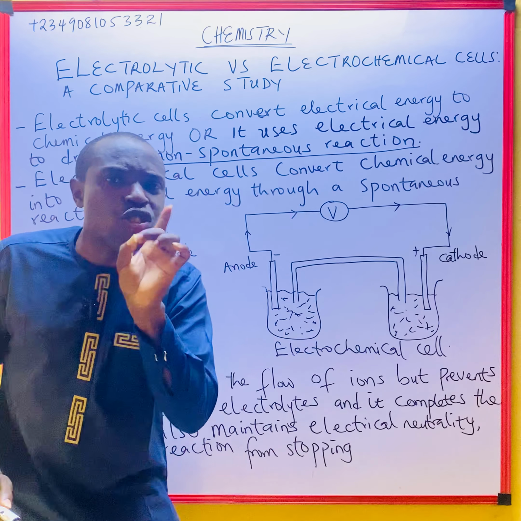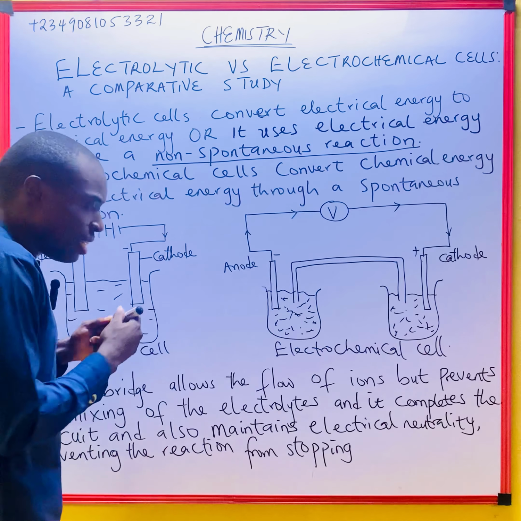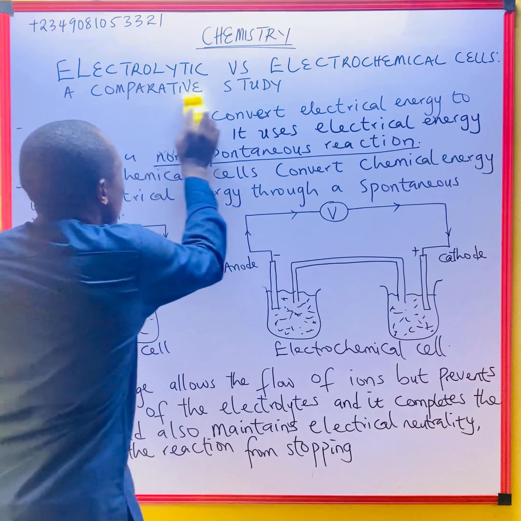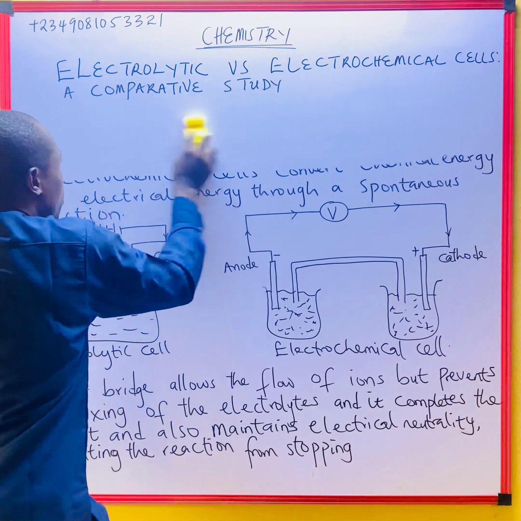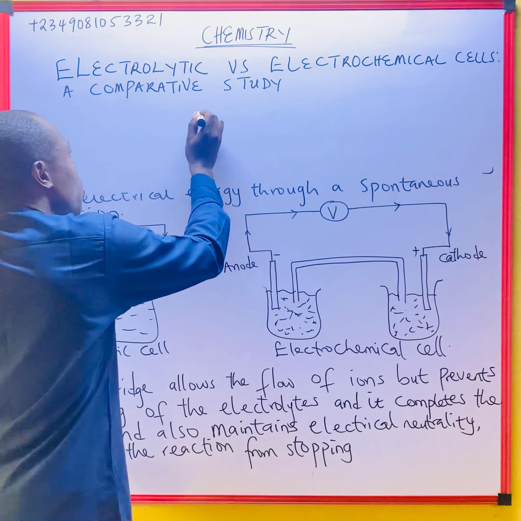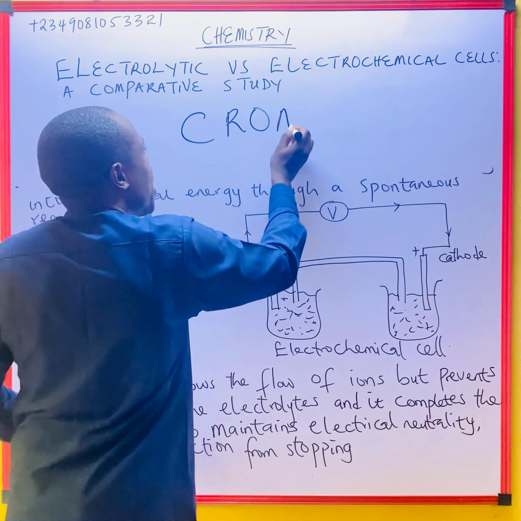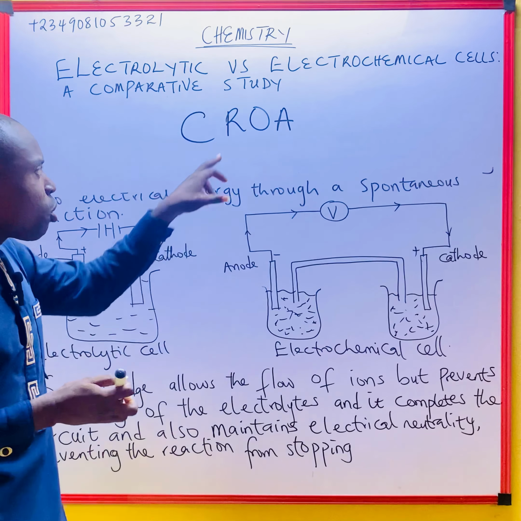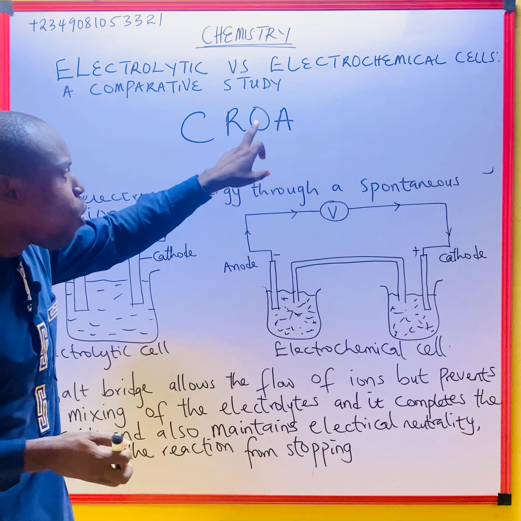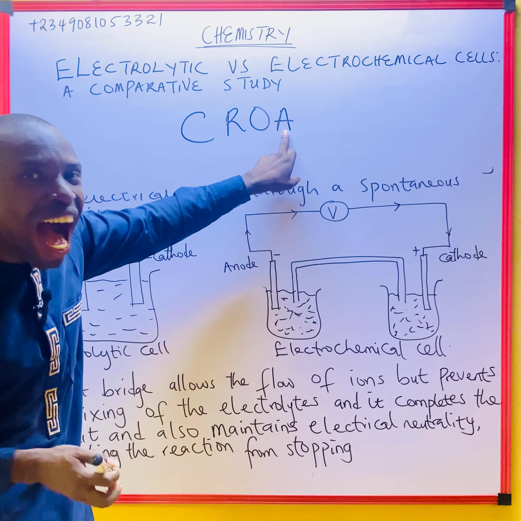But needless to say, there is a very important shortcut I should let you know from here. We should understand that there is something we call PRO-A. Reduction occurs at the cathode, oxidation occurs at the anode.